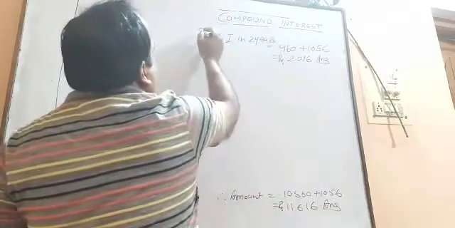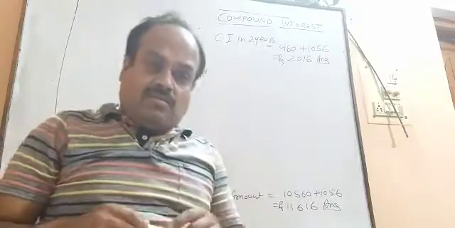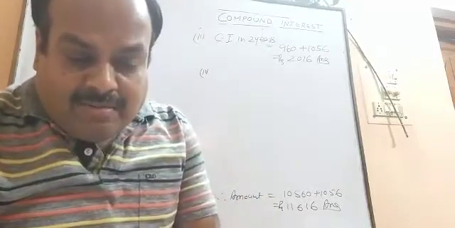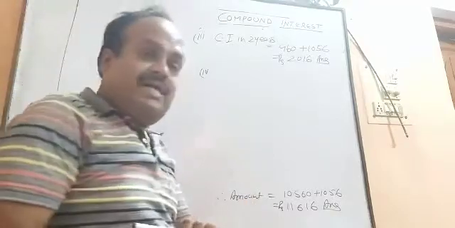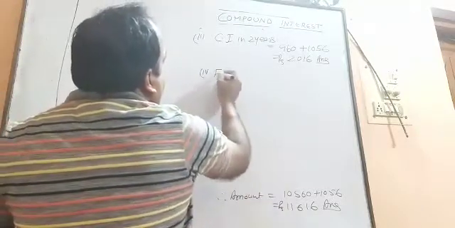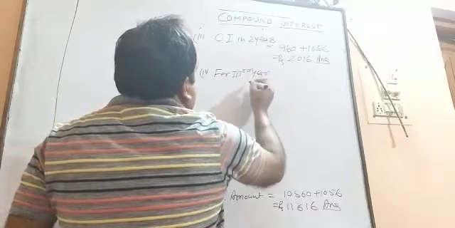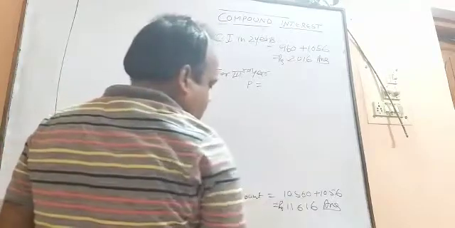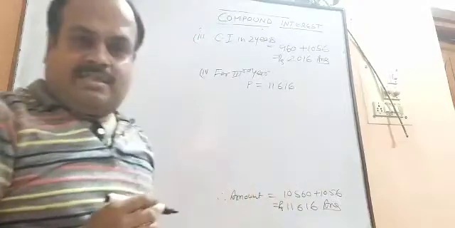The question has one more part, and that is find the compound interest at the end of 3 years. So for third year, the principal will be 11,616.